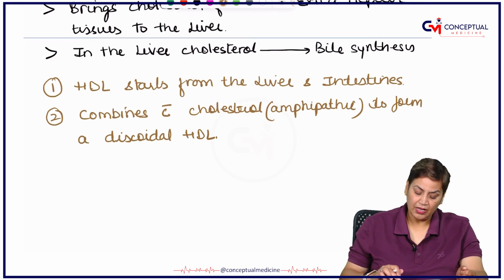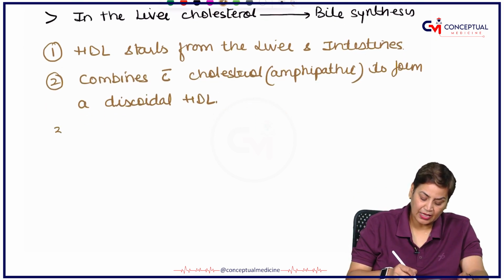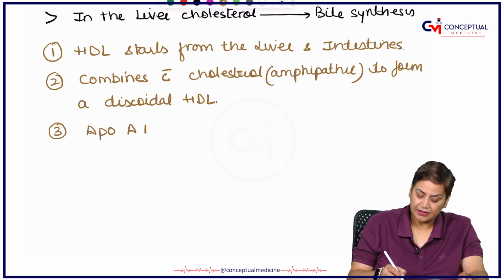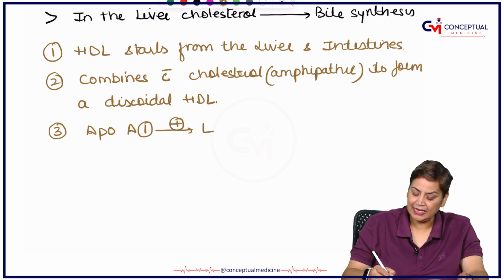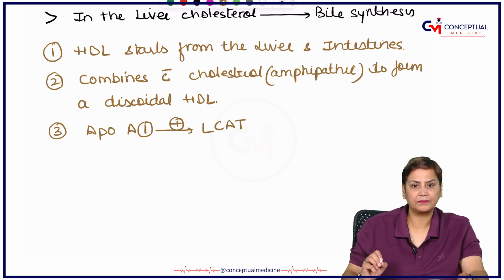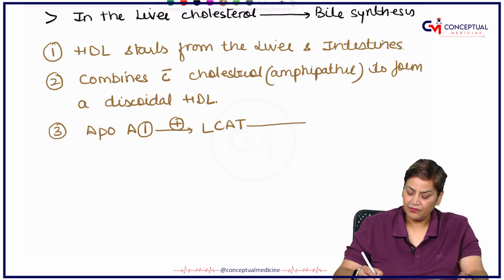Right. Now, we have already studied the apoproteins. So Apo A-I is activating LCAT, which will make cholesterol esters.